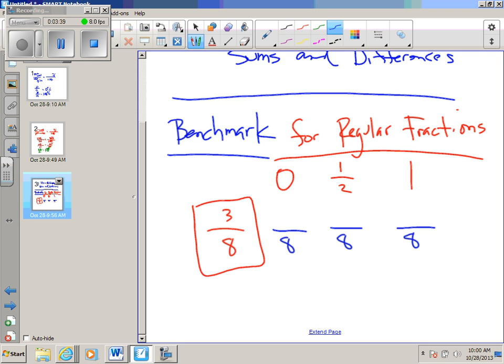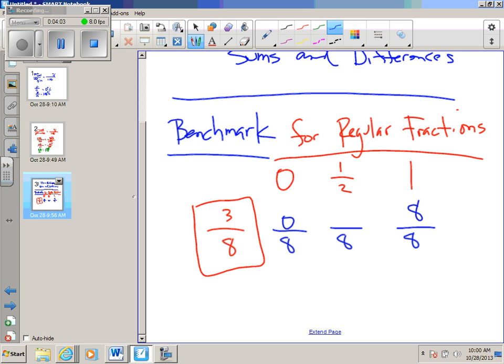What does 0 look like in a fraction form with 8 as the denominator? Yeah, 0/8. What does 1 whole look like with 8 as the denominator? Kishana. Over the 8, right, which would be 1 over 1 if you simplified it. Now, how about the half?